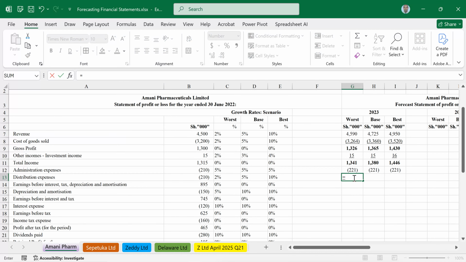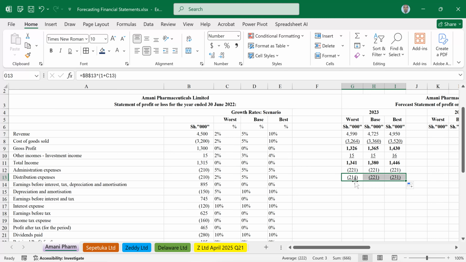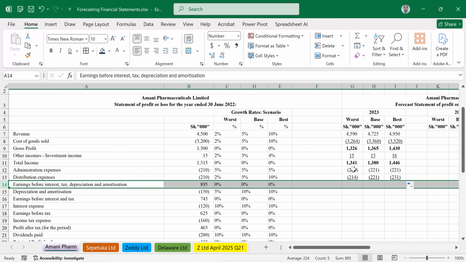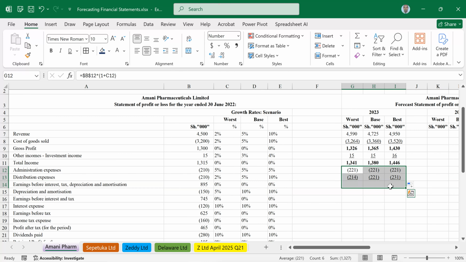Distribution equal sign, click on the 210, lock, times, open bracket, 1 plus, again, click on the 2, close bracket, enter. So that will still give you a varying figure, 214, 221, and 231. Earnings will be alt equal.